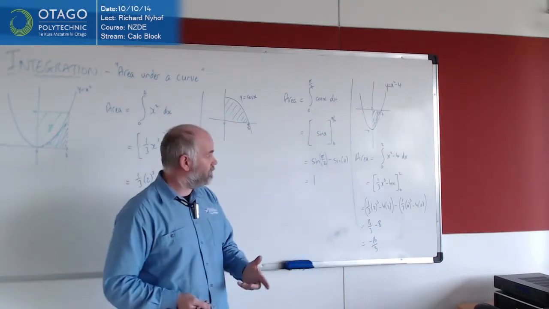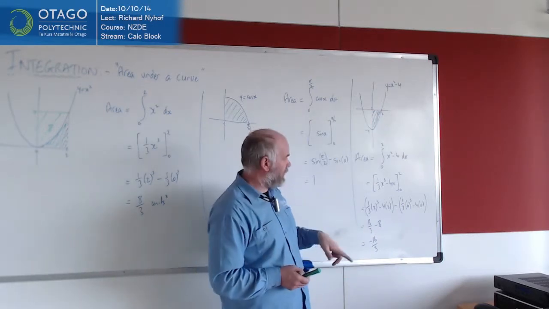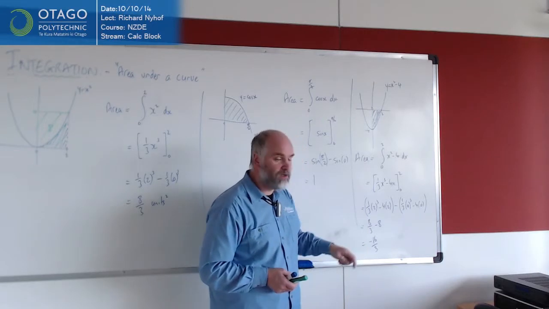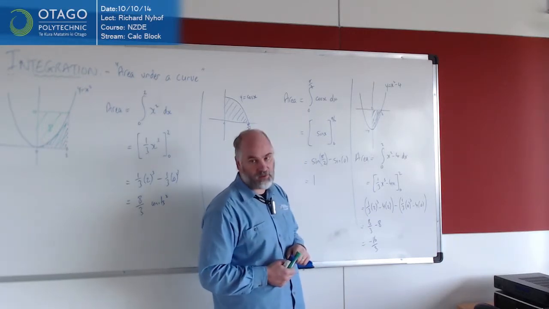And the negative means it's below the axis. So any areas which are below the axis, when you do this integration, will come out to be negative. Okay, definitely something that you need to take into account.